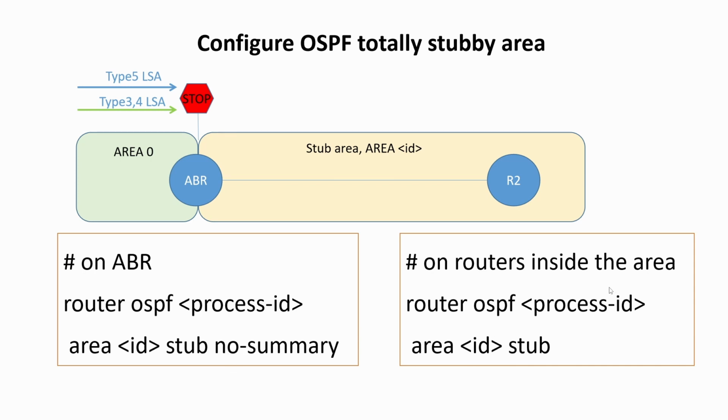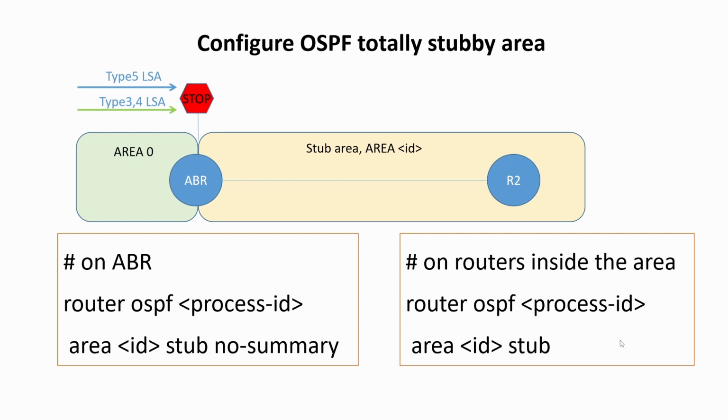So in the router inside the total stubby area, the configuration is router OSPF process ID and area ID, just use stub, no options behind. By the way, we mentioned that in a total stub area, no type 5 LSA and type 4 LSA can be sent into the stub area.